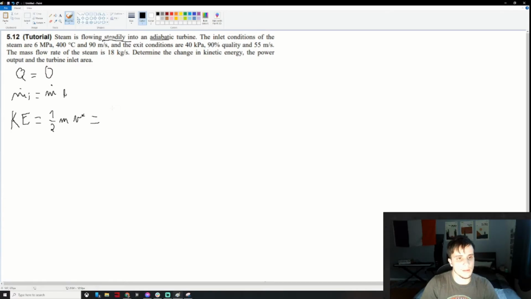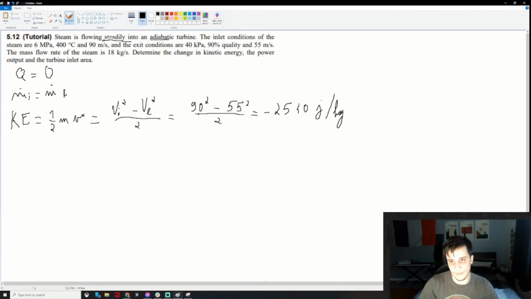We can calculate the change: velocity at the inlet squared minus velocity at the exit squared, divided by 2, which is 90 squared minus 55 squared divided by 2, and you should find minus 2,540 joules per kilogram. That's per kilogram since we haven't taken mass into account, but you very much can.